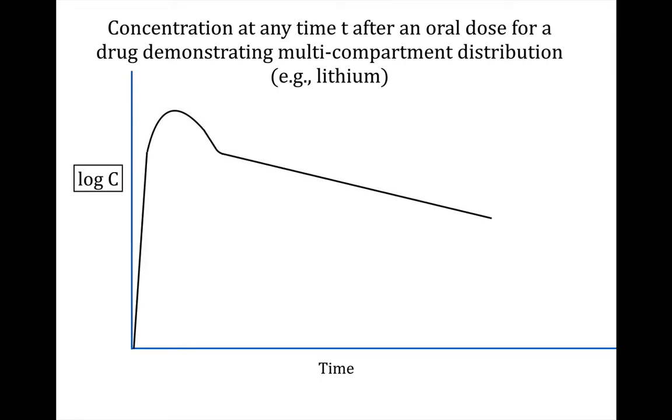So you can see the buildup of the concentration, the absorption portion of the curve, but then you see the distribution part as well. In this portion of the curve, not only is absorption ending and distribution going on, but the drug is also being eliminated until you get into the final elimination only phase of the curve.